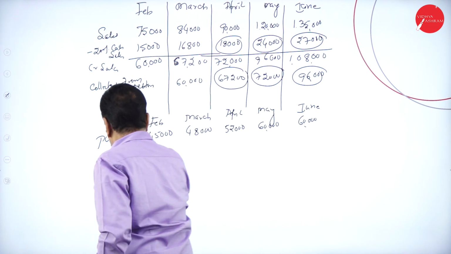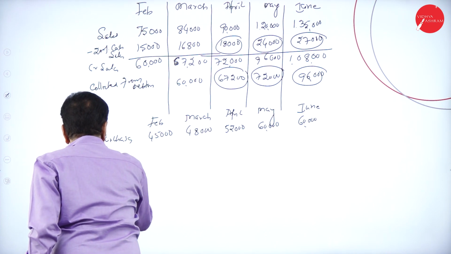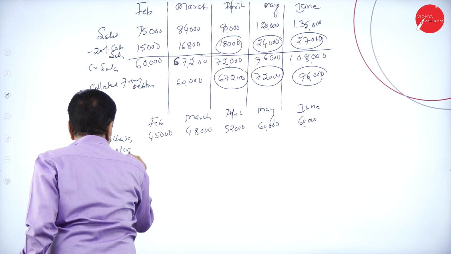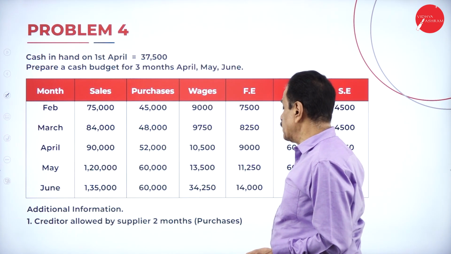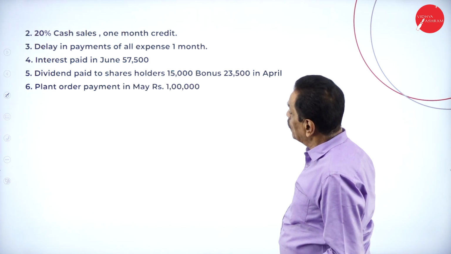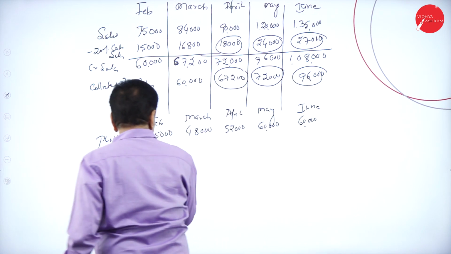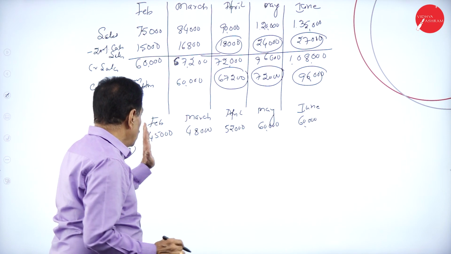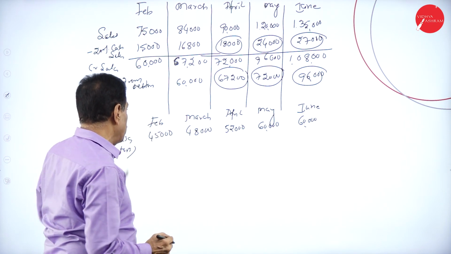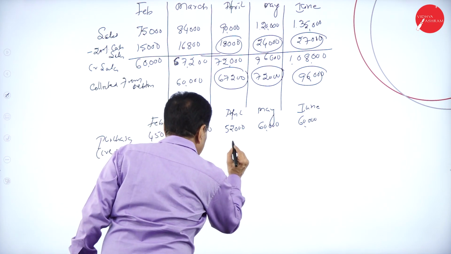Purchase means creditors. What they mention? Creditors allowed by supplier is 2 months. After 2 months, you are going in. Means February, March, we are paying in April. 2 months means February, February in April.